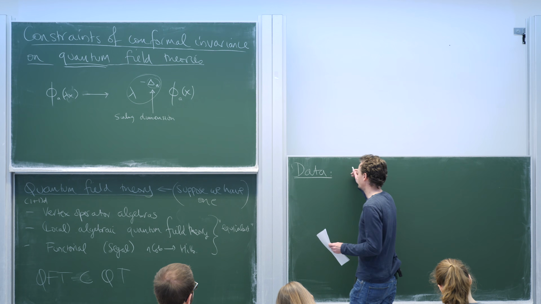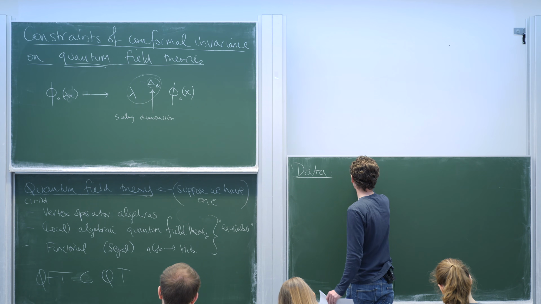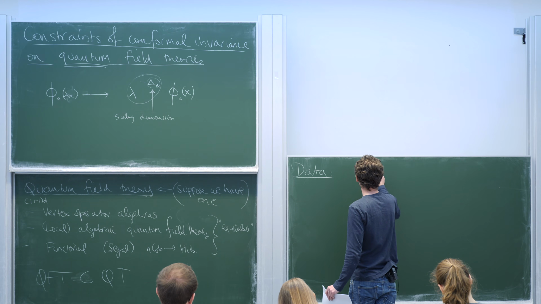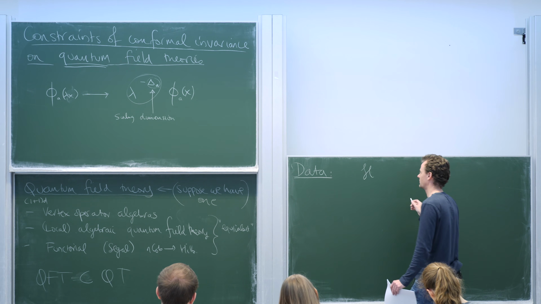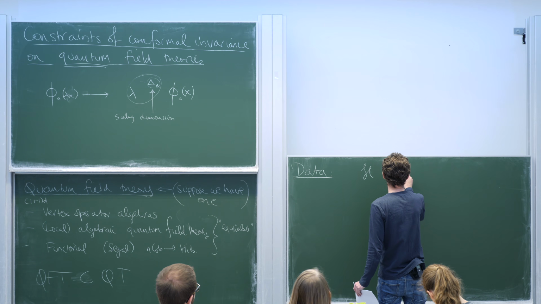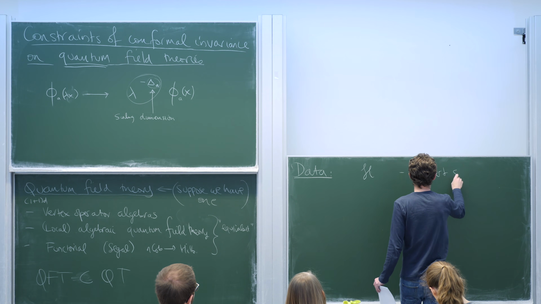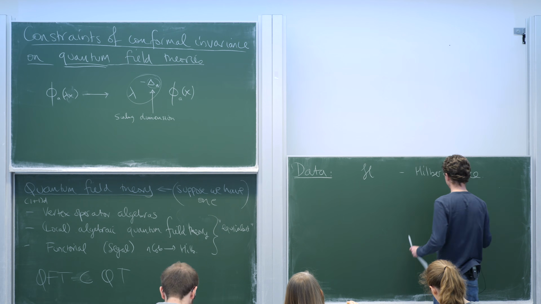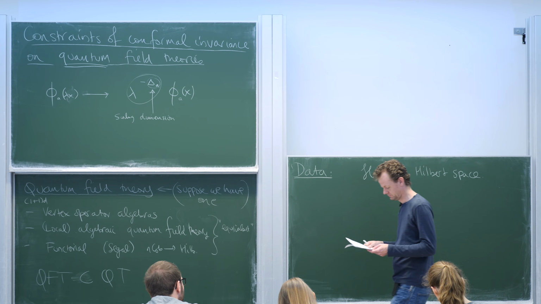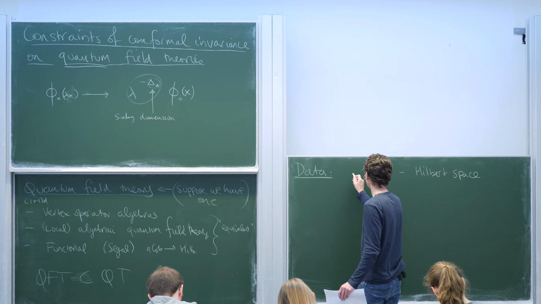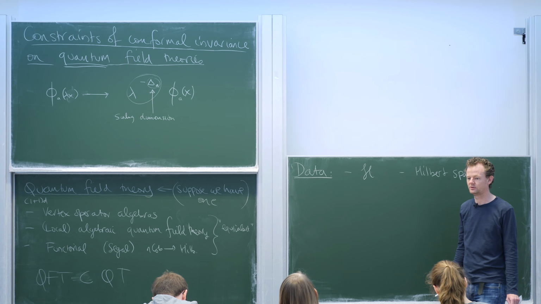So the data: we have that a quantum field theory is a quantum theory. So what do quantum theories have? Well, they have a kinematical space, H, which is a Hilbert space. This describes all the states of the theory. So every quantum theory has associated to it a Hilbert space.